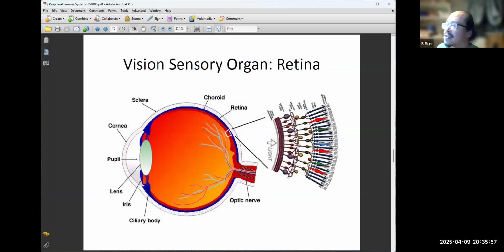Light hits it, the signal passes through this layer, and then merges together into the optic nerve. The optic nerve is a cranial nerve. This one will send signals to your brain. So in the back of your eye, you have the retina, that is the sensory nerve. Choroid provides the blood supply, with a lot of blood vessels flowing through it.